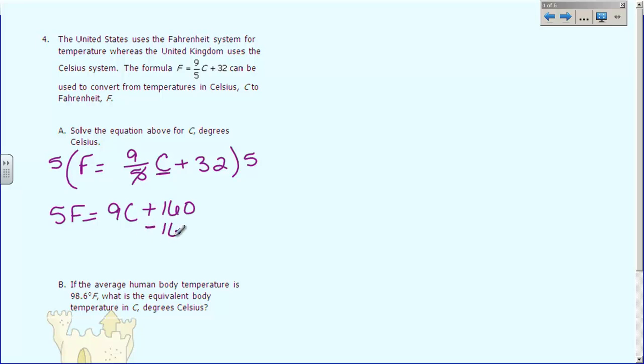You're going to subtract 160. But I can't really subtract these because that has an F and this doesn't. So it becomes 5F minus 160 equals 9C. And if I want that C by itself, I have to divide by 9. So I'm going to divide by 9 on both sides.